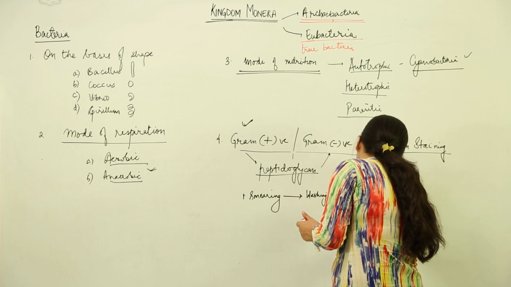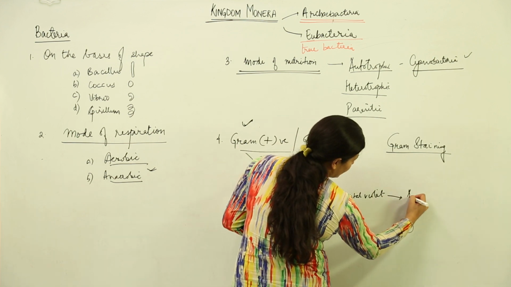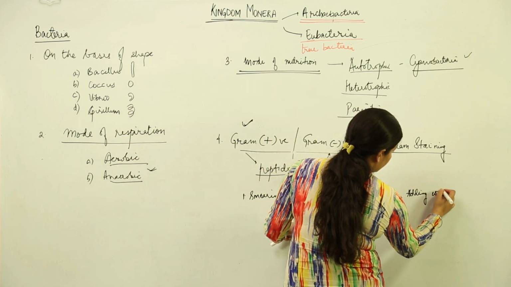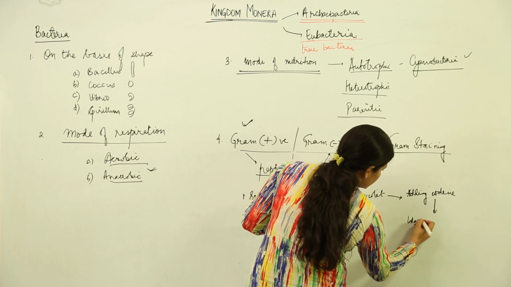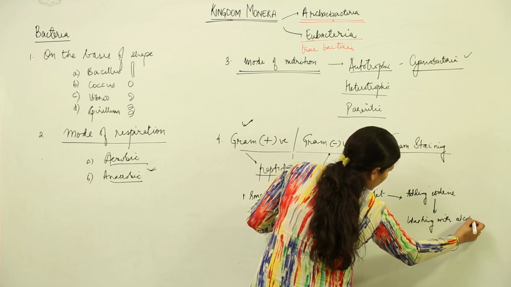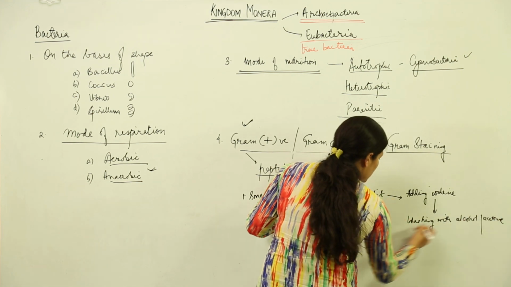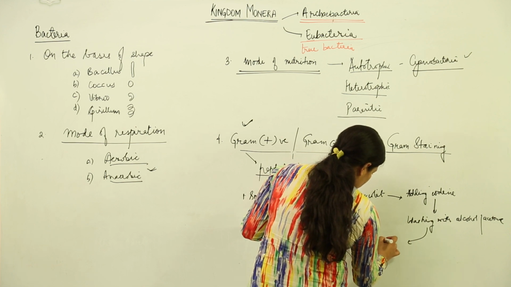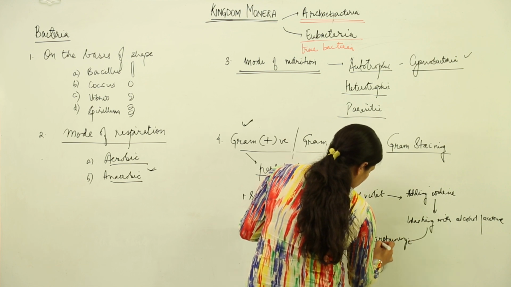All right. The third step would be adding iodine. The fourth step would be washing with alcohol or acetone, and last would be counter staining with safranin.